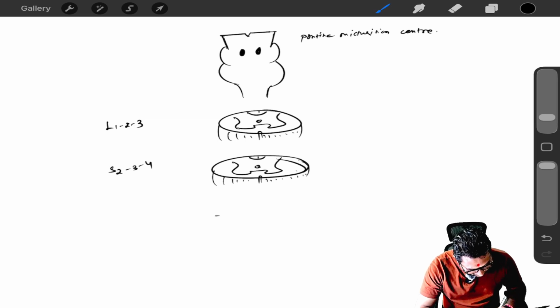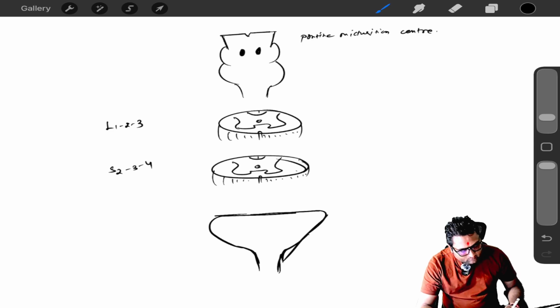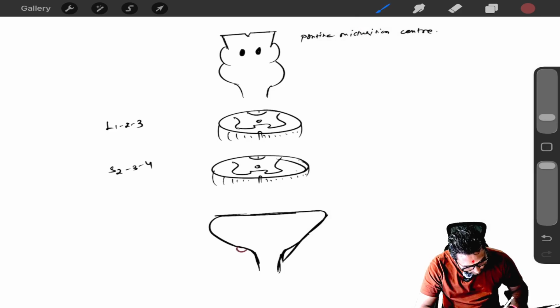Now this is the bladder. The muscle of the bladder is called the detrusor muscle, which is a unitary muscle. Why is it called a unitary muscle?